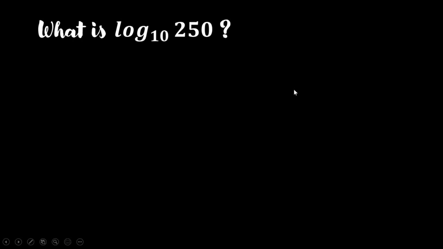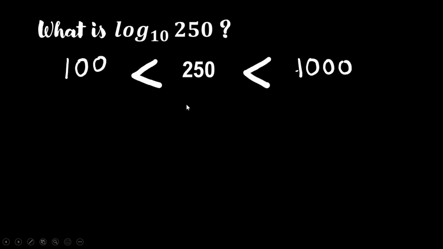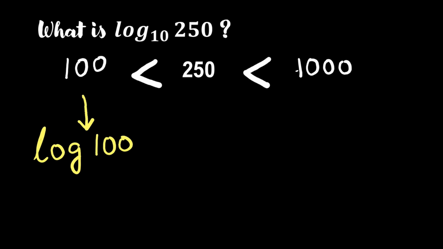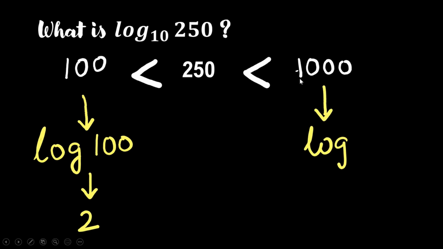What is log of 250 with base 10? Let's start with this example. Now 250 is an argument which lies between 100 and 1000, right? So we know the value of log 100. Can you guess what? Yes, you are right, it is 2. Similarly, what is the value of log of 1000? If you have guessed correctly, very nice, it is 3.